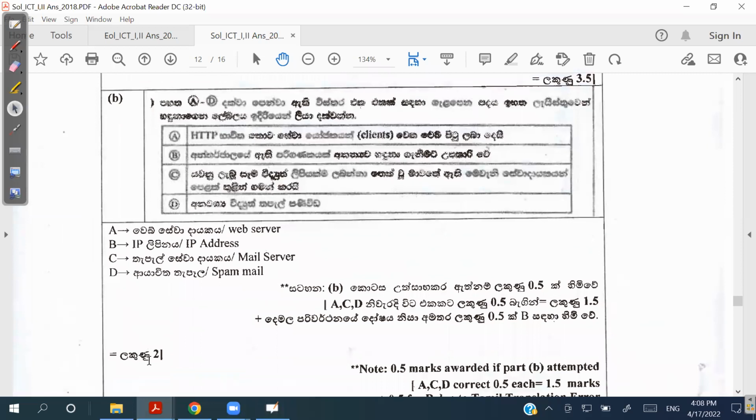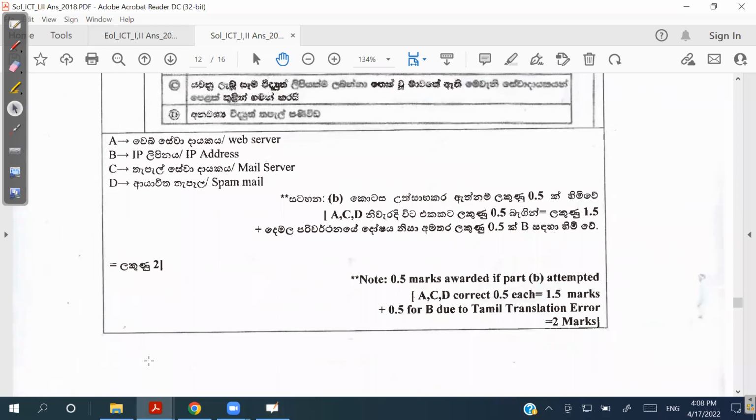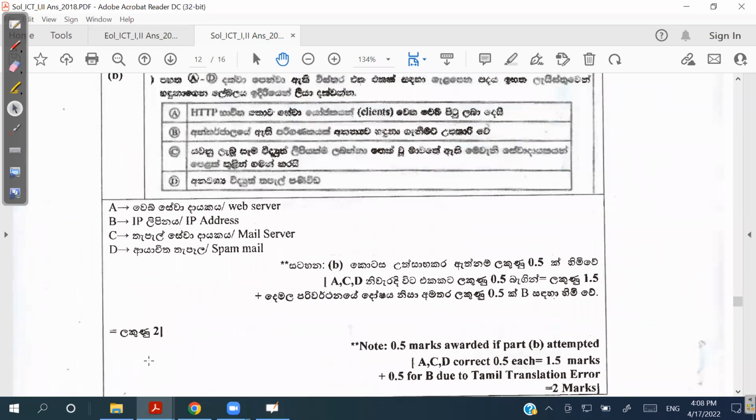Right, so it's kind of having 0.5 for each part, right?